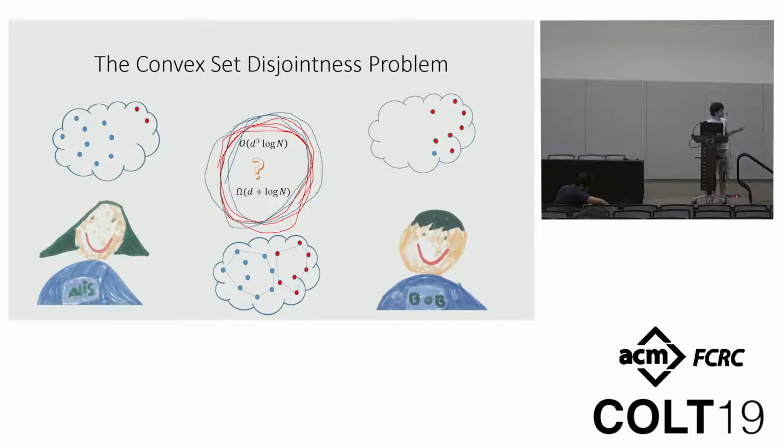We have an upper bound of d cubed log n, which I'll try to illustrate in this talk. And we also have a lower bound. d is a kind of trivial lower bound, but we also show that you need log n examples. But what is the correct bound? That is something that we don't know, and we will be happy if anyone here would want to improve on these bounds.